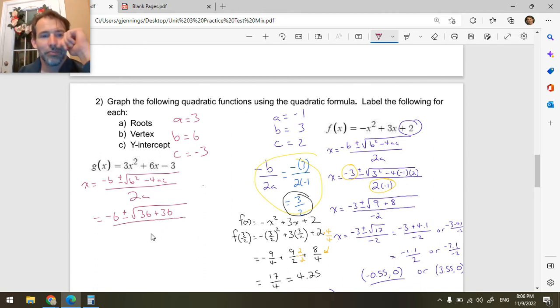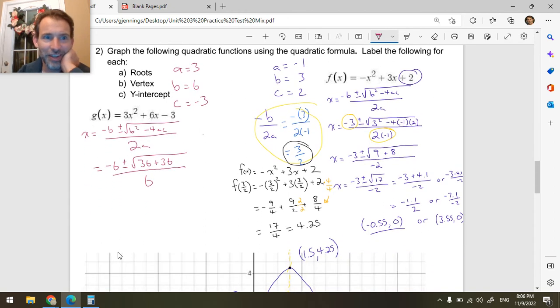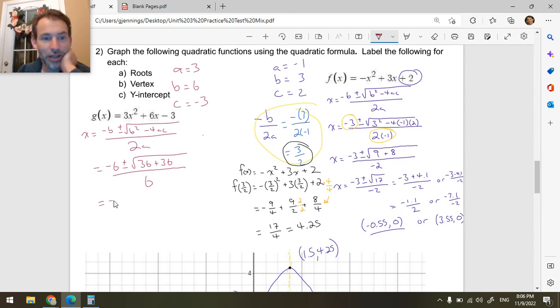And then we're going to divide that by, sorry, I got distracted there, by 2a, so by 6. Okay, well, let's keep going. So this is actually equal to -1 plus or minus the square root of 2, but I can't show you that and why it is.